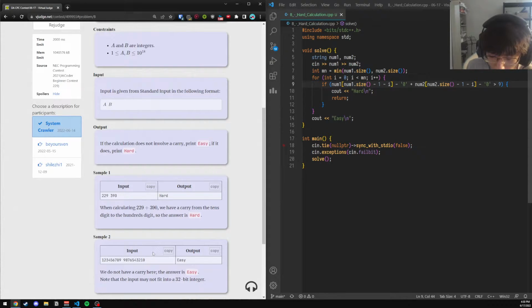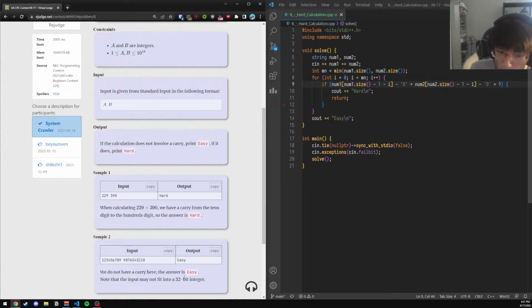Another way to do it would be to first take the number of digits. So let's say this is 10 digits. First, we know that the maximum is 10 digits, and then add these two numbers together, and then find the number of digits. And if there's a carry, oh wait, that might not work because the carry could be in the middle.